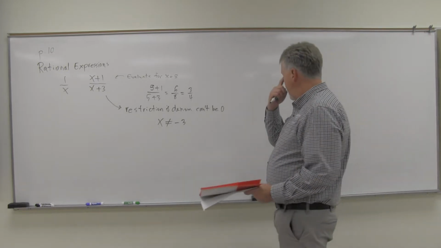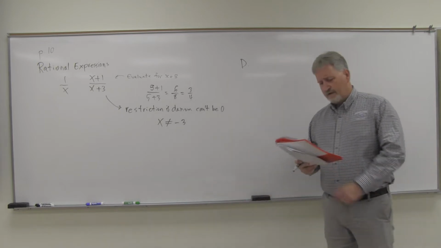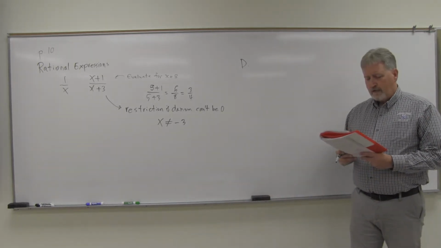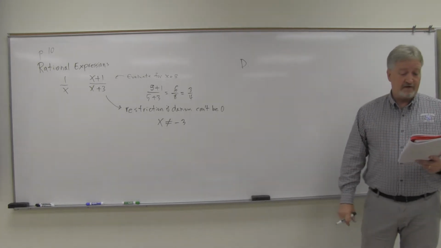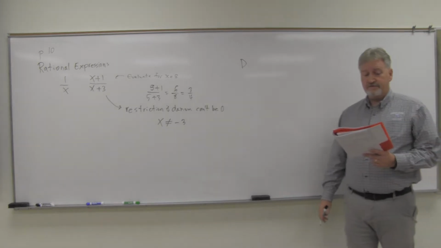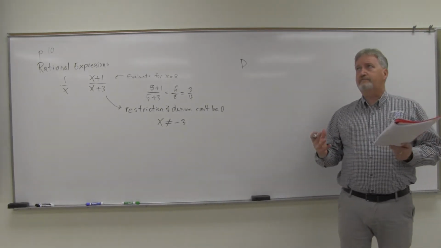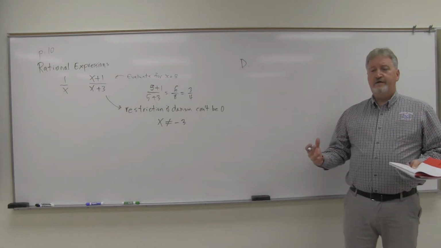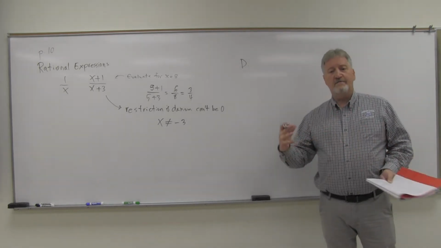All right, so on to D. This is where we kind of get into the work that we want to do for this assignment. To simplify a rational expression, factor the numerator and the denominator, then cancel common factors. So to reduce a rational expression, you have to reduce common factors.